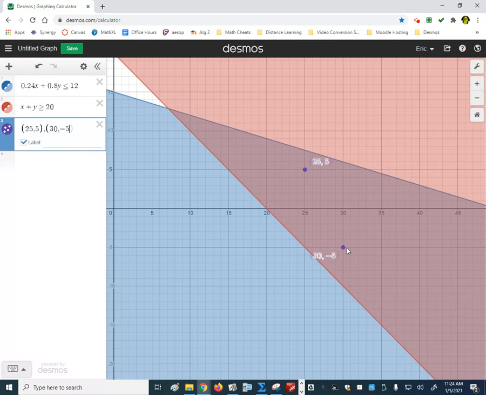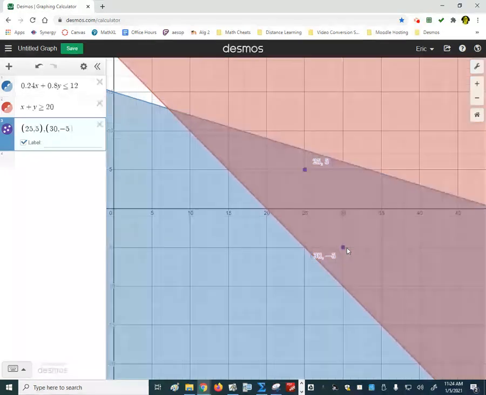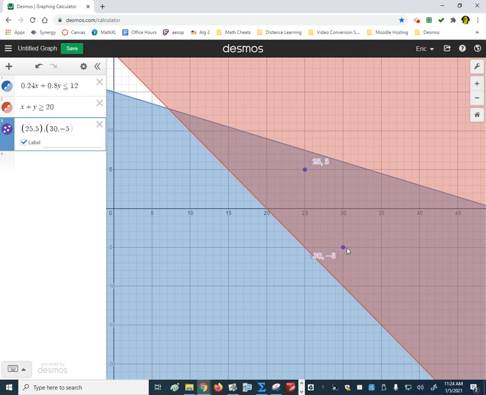Does that seem reasonable? The ordered pair 30, negative 5? What's wrong with that?